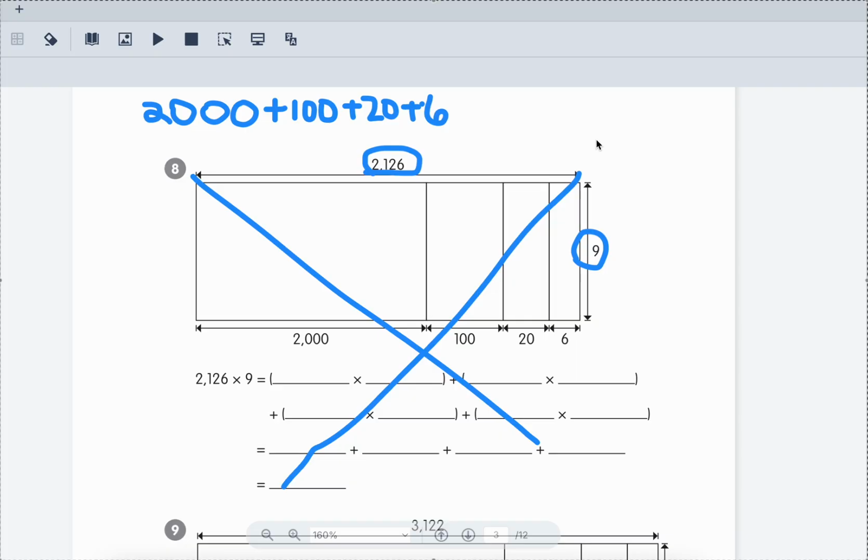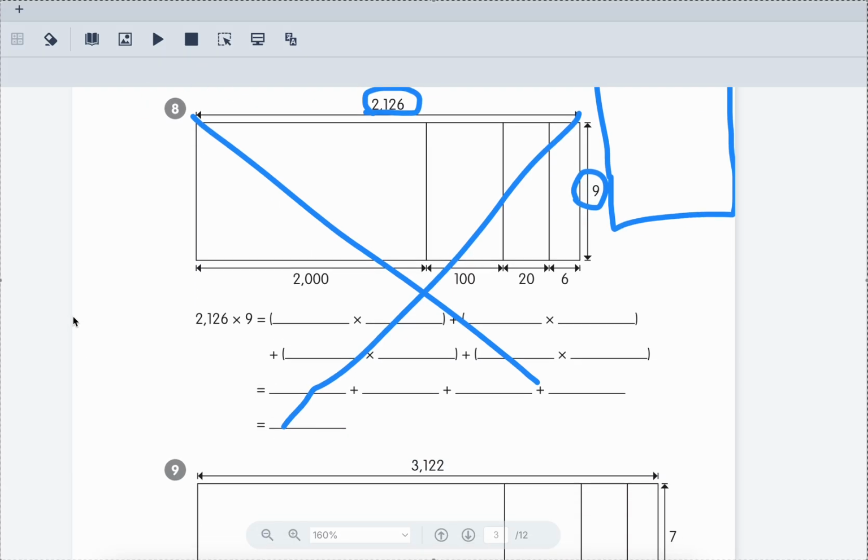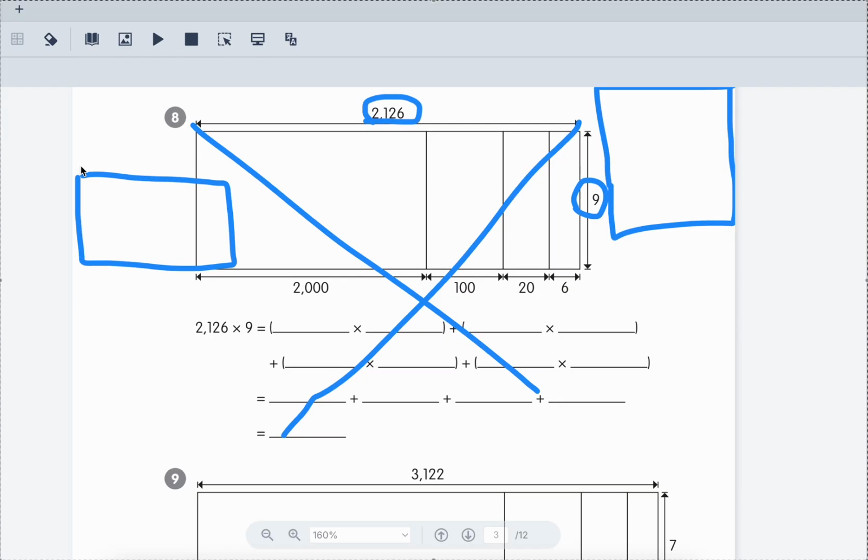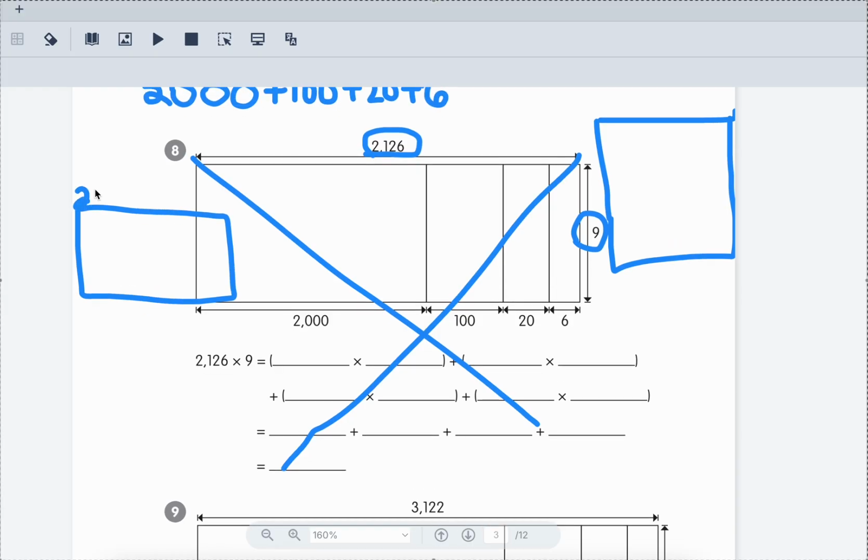I hope mine fits. It does not fit. I'm going to have to squish this. Okay. I don't like it over there. I'm going to try it over here, guys. And our expanded form was 2,000, 100.